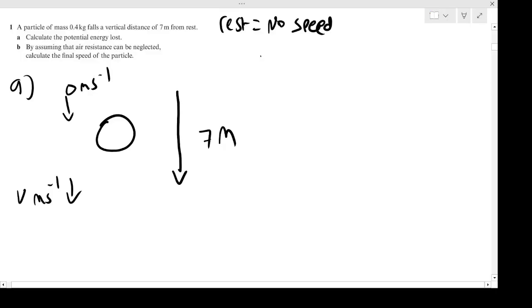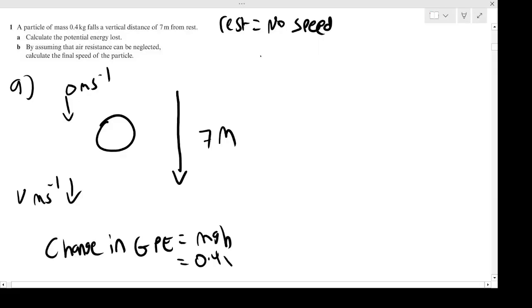So it wants me to work out the potential energy loss. So again, potential energy is gravitational energy, right? So the change in GPE in this case, well, again, that's going to be mgh. We know the mass is 0.4, g is 9.8, and h, we do know the height.